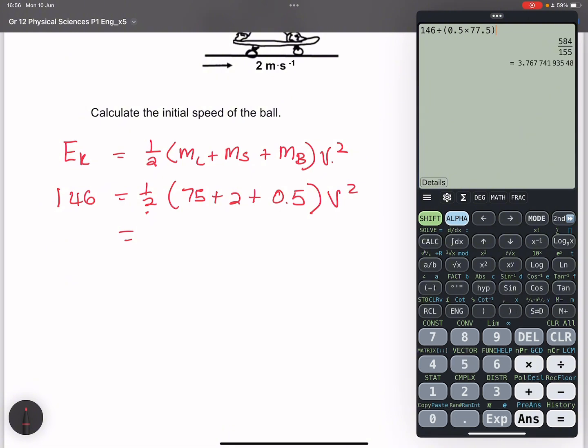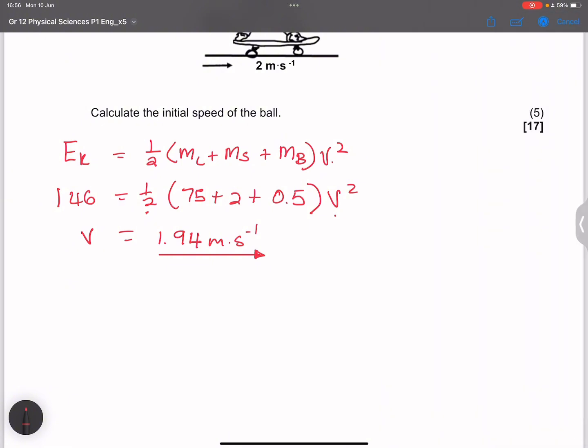And I get a value there. Let's take the square root because we're looking for v. So v would be the square root of that answer. I get 1.94 meters per second. So this is the velocity of the entire system, boy, skateboard, and the ball after collision, because they were moving as one unit.